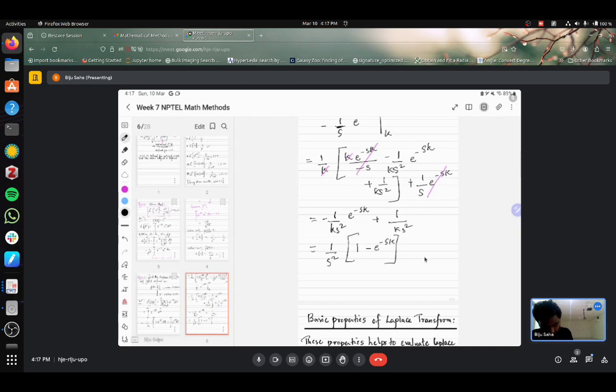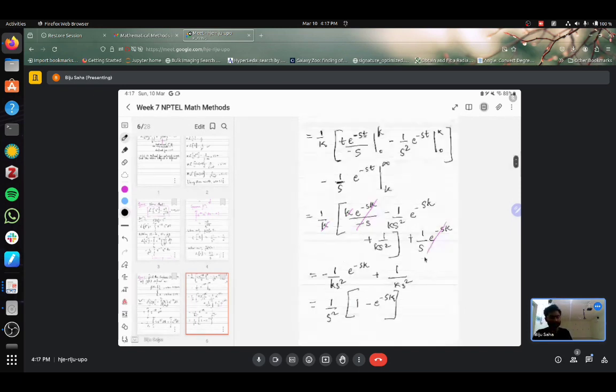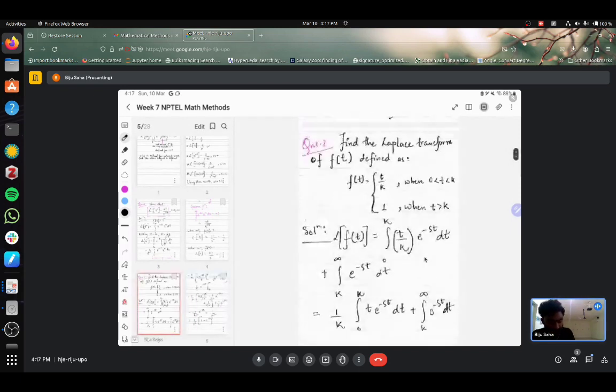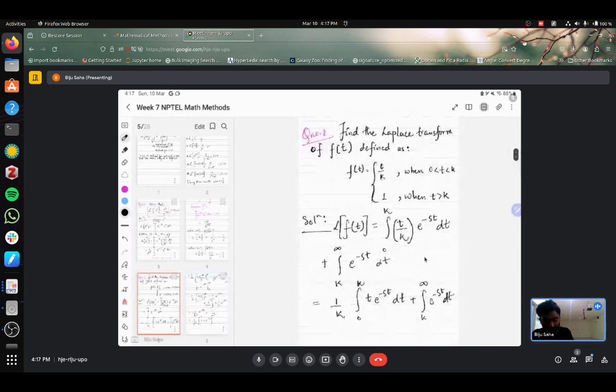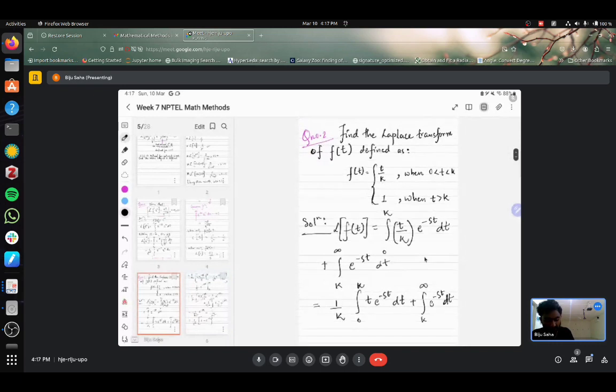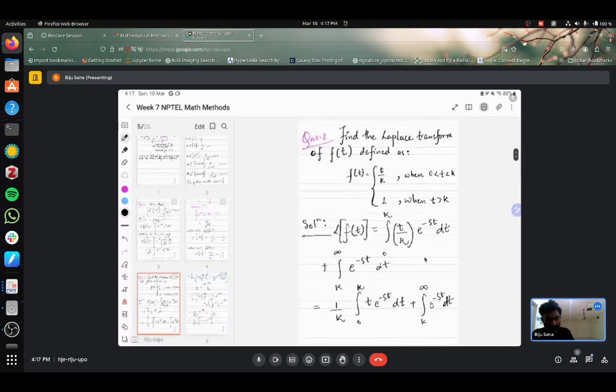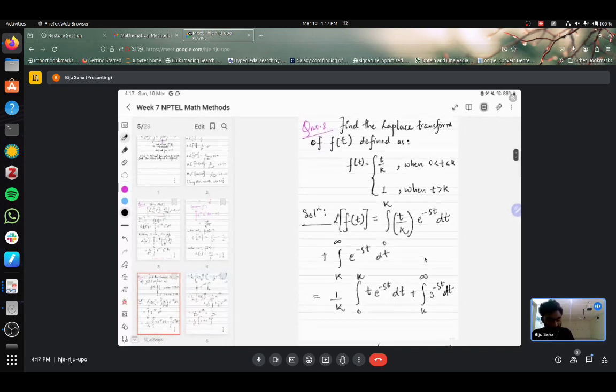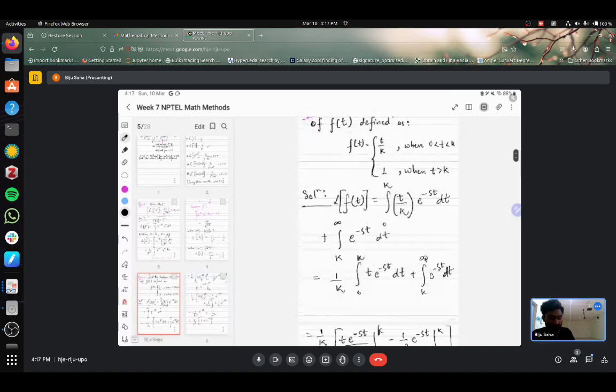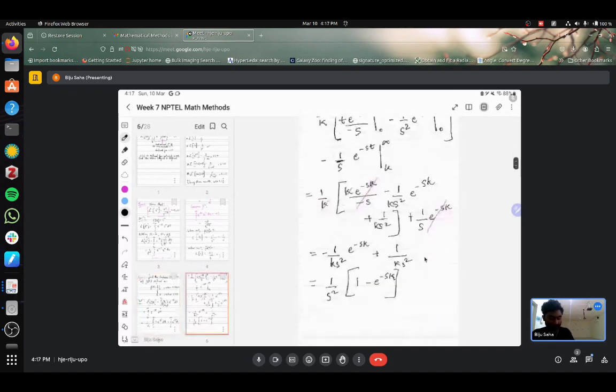Basically the only change here was that the function has two different definitions at two different intervals. So depending upon the interval we put the function definition and obtain the value of the integral. So that gave me the Laplace transform.